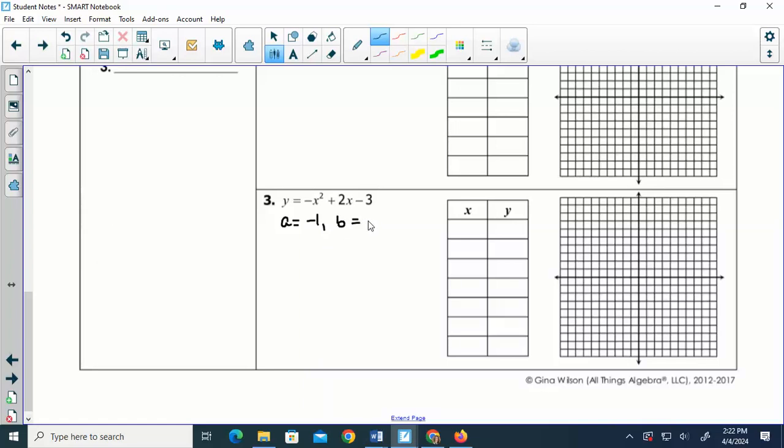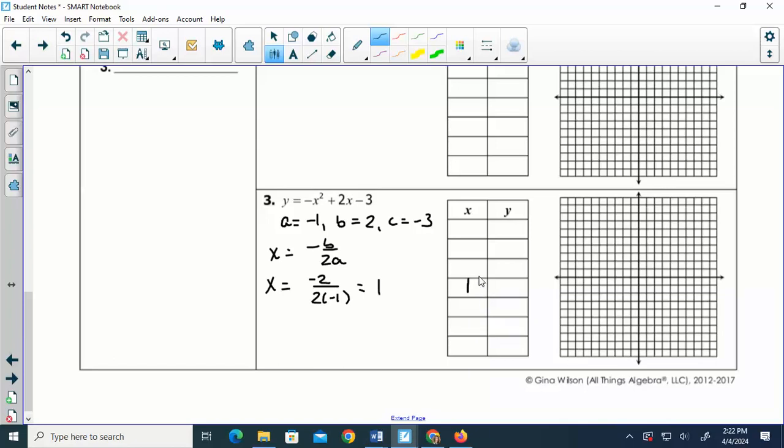And b? -2. And c? So the opposite of b would be a -2 over 2 times -1. So -2 divided by -2, which is 1. So that's in the center.